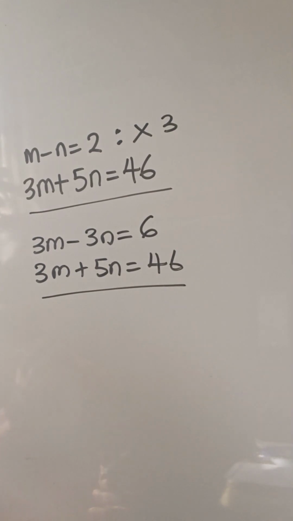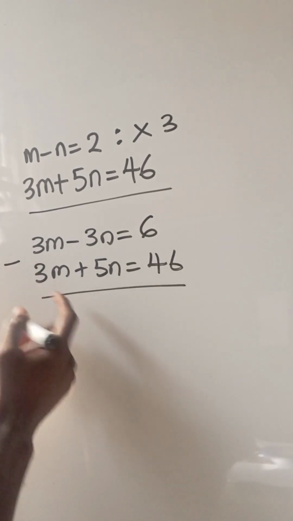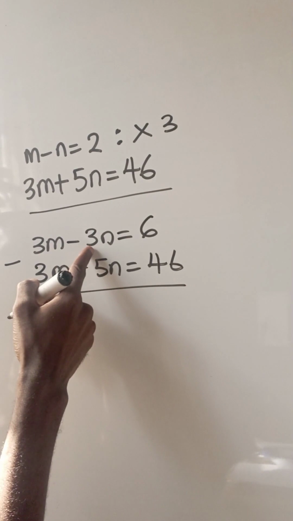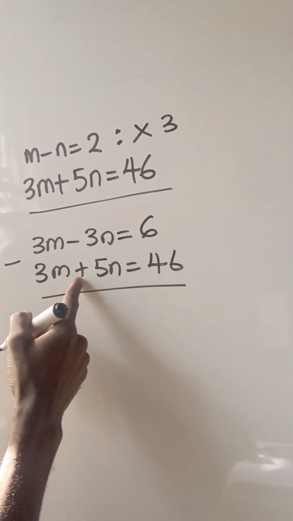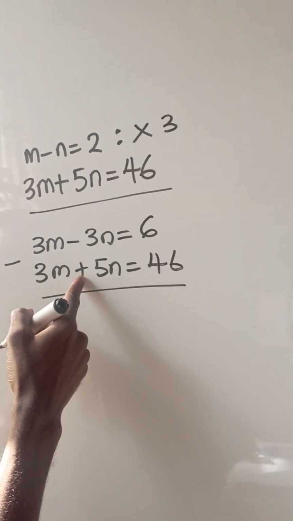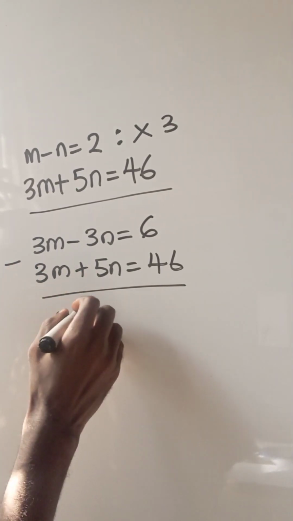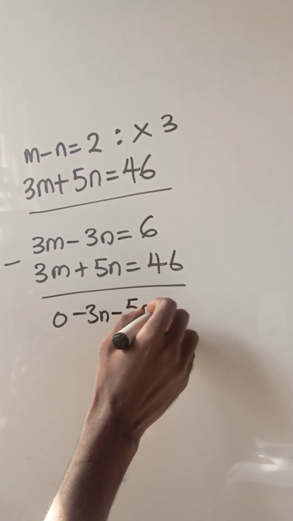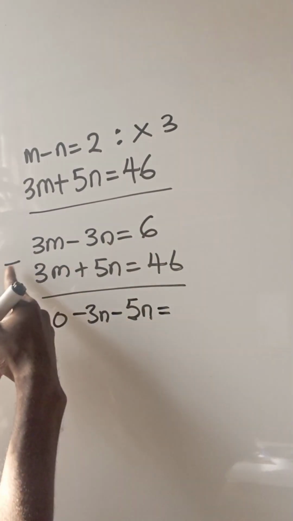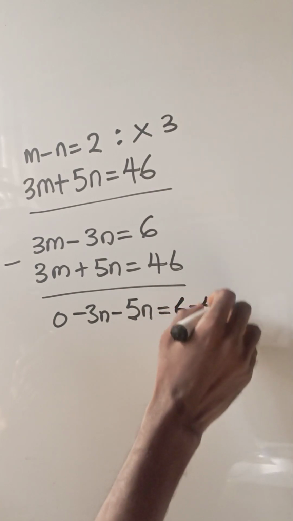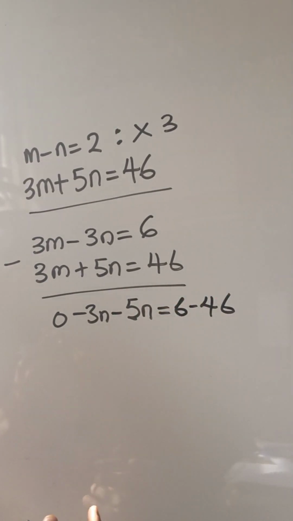Now we can subtract both equations. If I subtract these two equations, 3m minus 3m is 0.